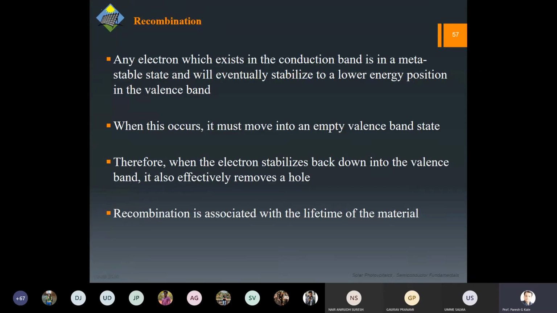The lifetime is, by the way, not exactly equal, but moreover we can say that they are equal for electrons and holes. So birth takes place, and when the electron comes back to the valence band, obviously now there is no freeness, so it is the death of the electron, and simultaneously the death of the hole. So whatever the time between this going up and coming down, that is called the lifetime.